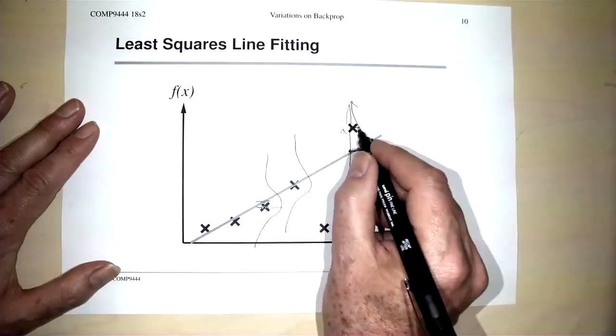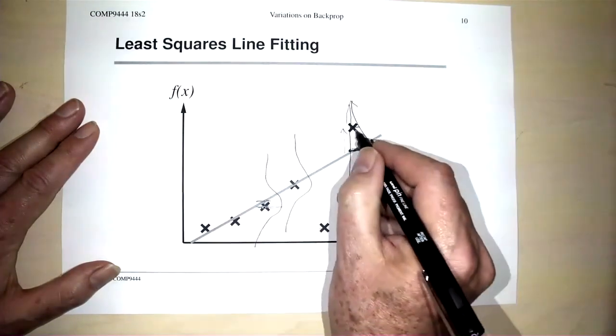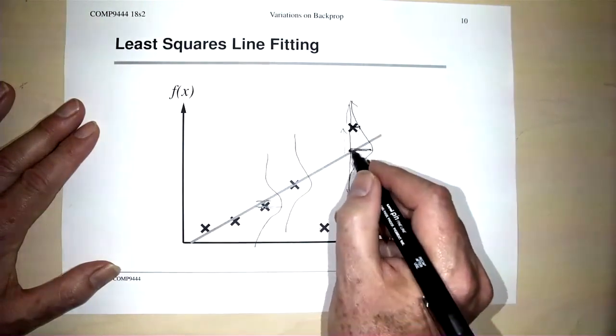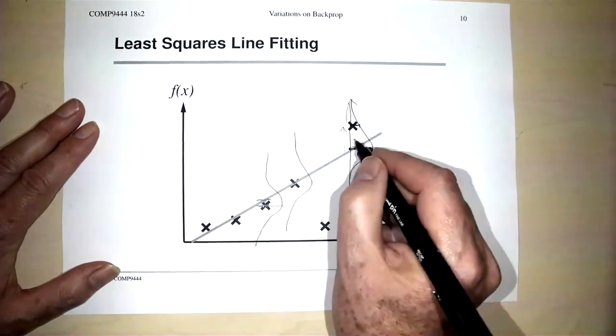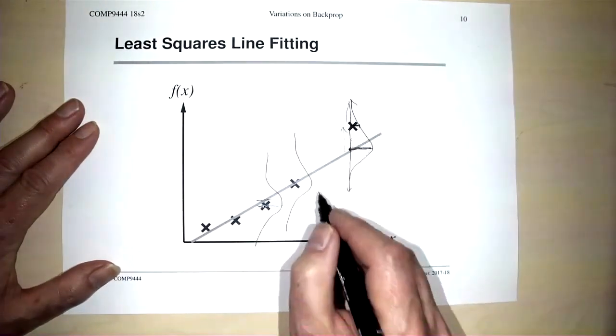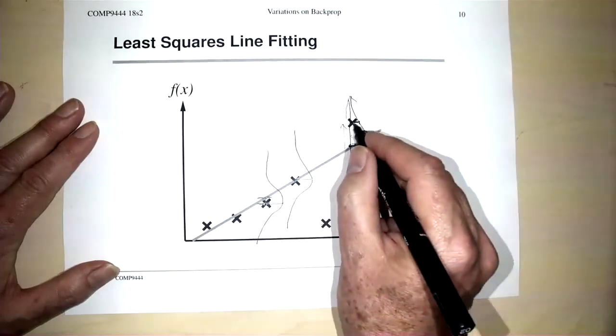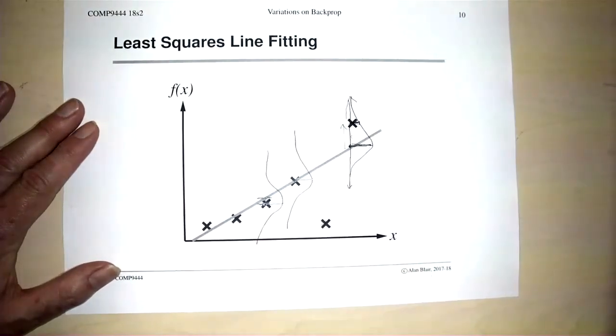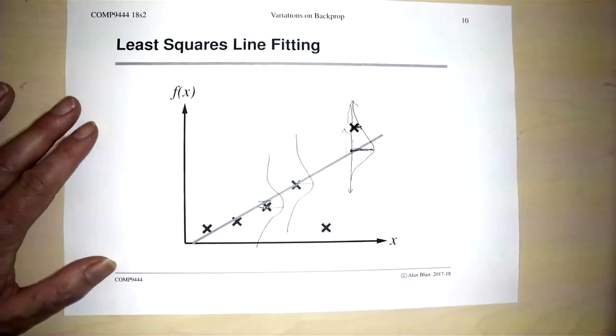So this graph is meant to show the probability of the data happening that far away from the line. This is somewhat smaller than that, but not outrageously small. This one is perhaps outrageously small, but maybe that one's an outlier.